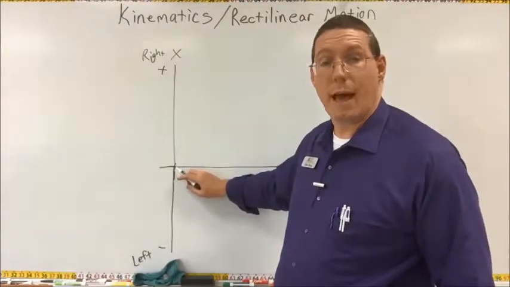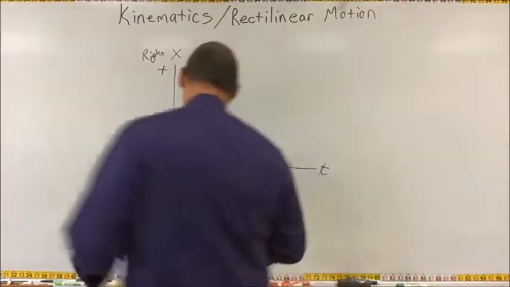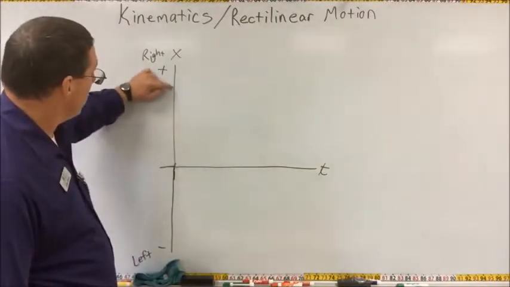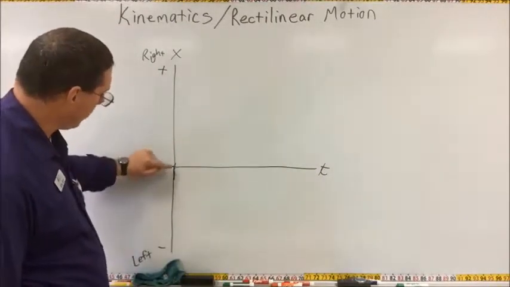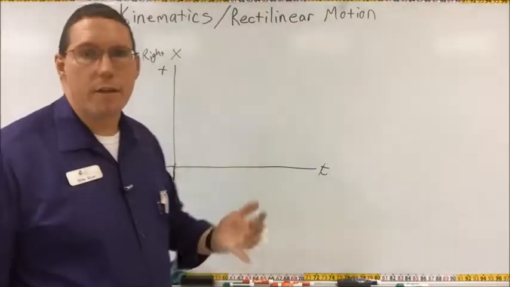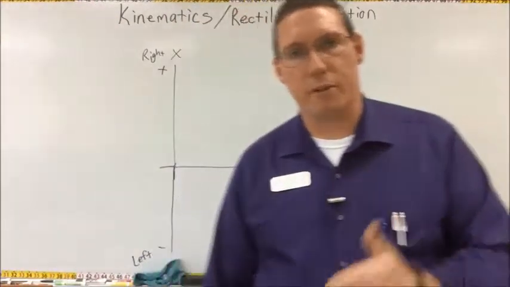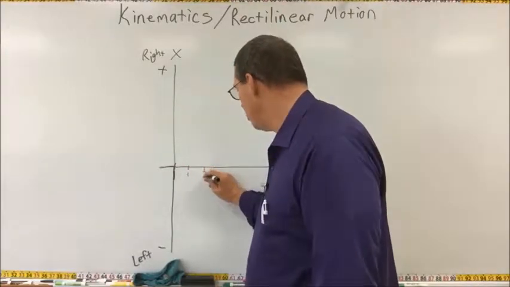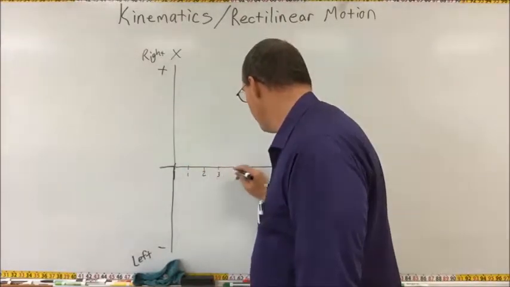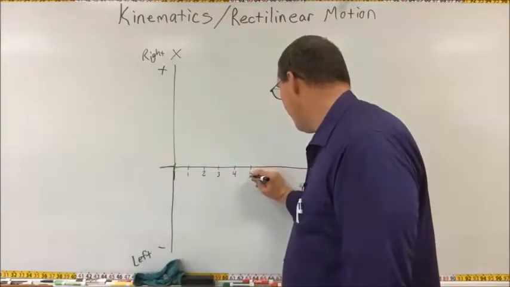Okay? So what that would have done was it would have gone here, then turned around and come back, then here, and turned around and come back. But because it can't be in the same place at every time, let's say over several seconds, 1 second, 2 seconds, 3 seconds, 4 seconds, 5 seconds.